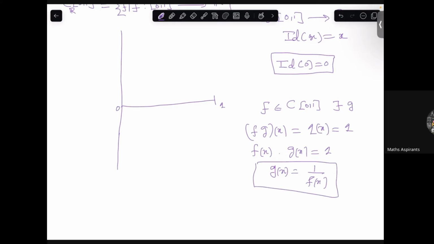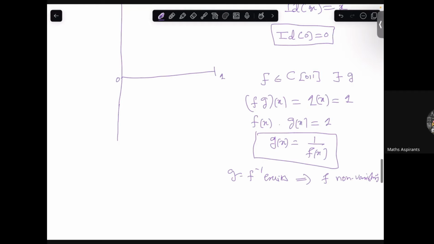So this guarantees that f inverse, I mean g, exists implies f is non-vanishing. F should be non-vanishing. And the reverse is also true.